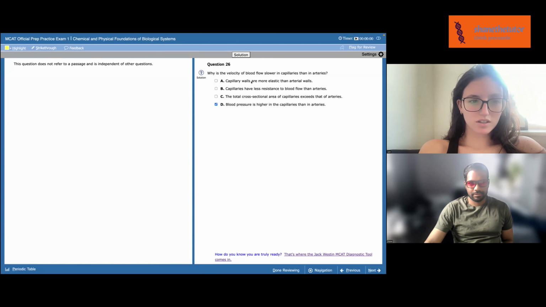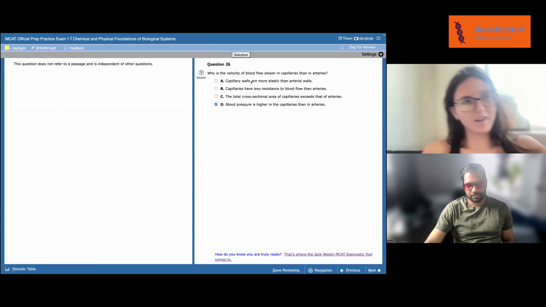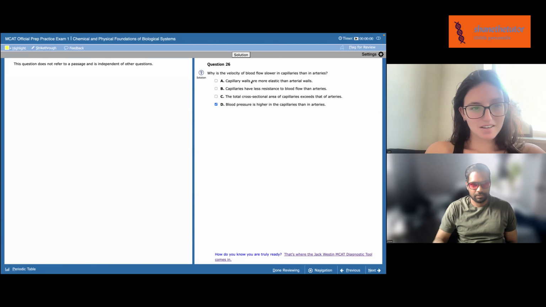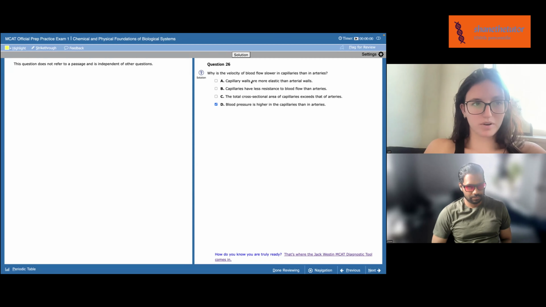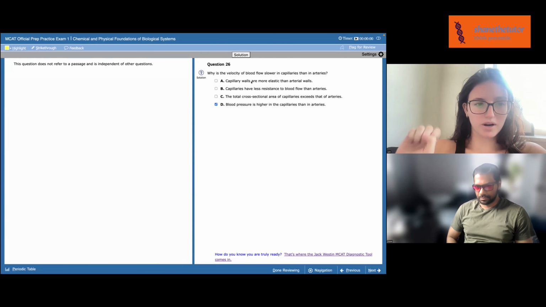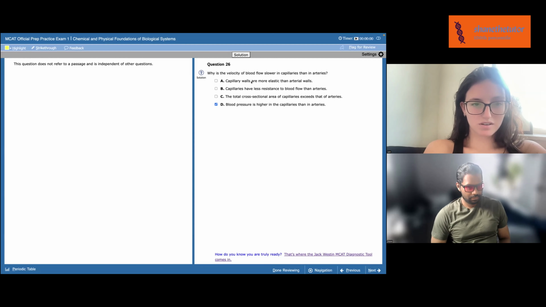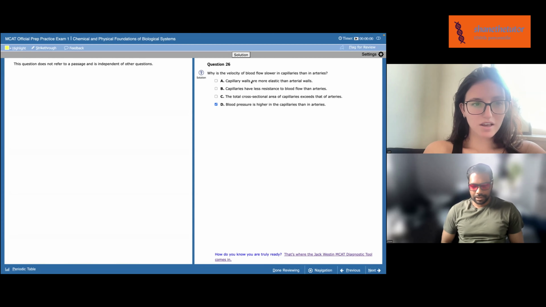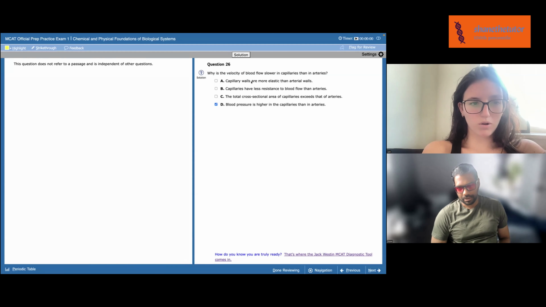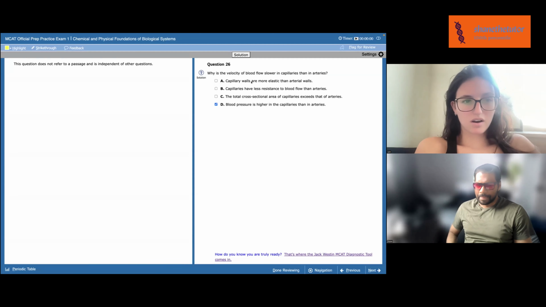Because I guess that's where the blood supply around the body is located, in the arteries, and the arteries pump it out to the veins and then to the capillaries. So I think of capillaries as smaller than anything else.